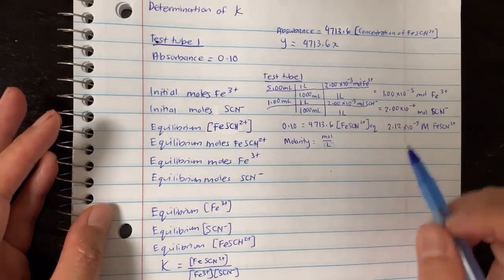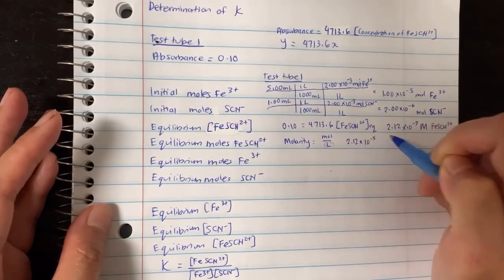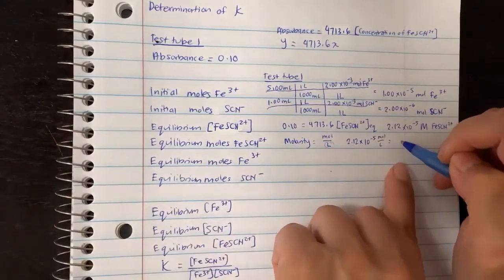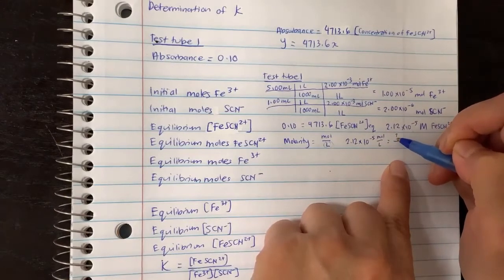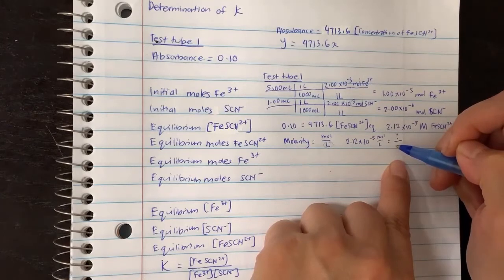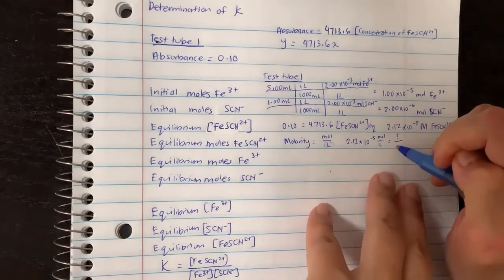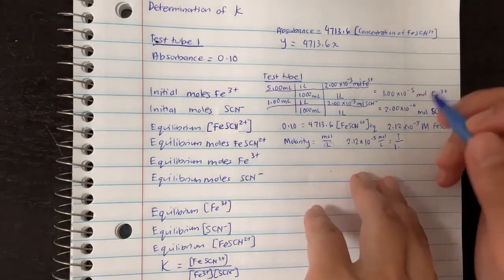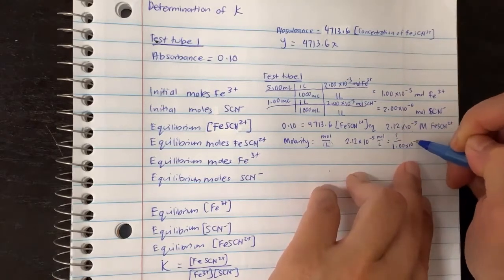So all I'm going to do to figure out the moles is put 2.12 times 10 to the minus 5 molarity equals whatever the x moles is, right? We don't know what this is, over 10 mL, and divide that by 1,000 to get liters, so 10 divided by 1,000, you get 1.00 times 10 to the minus 2.